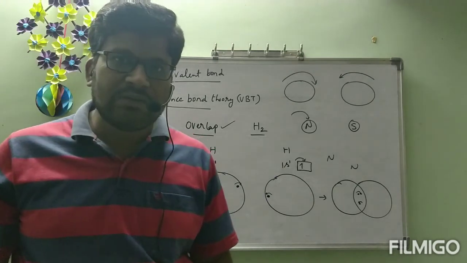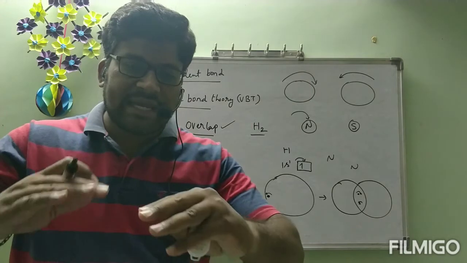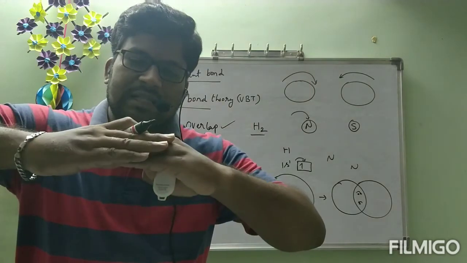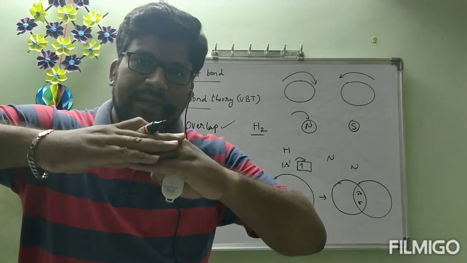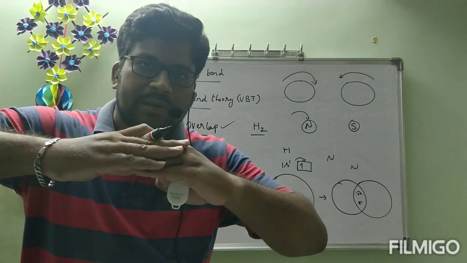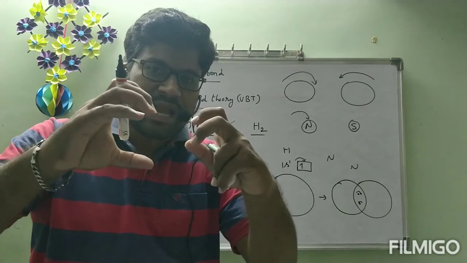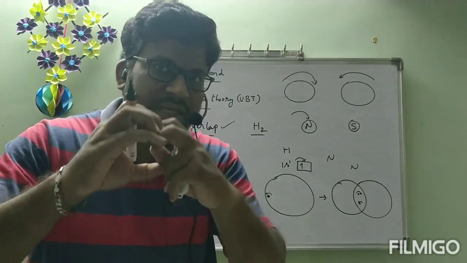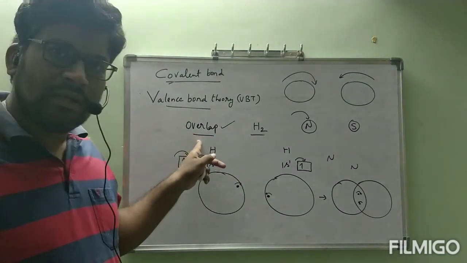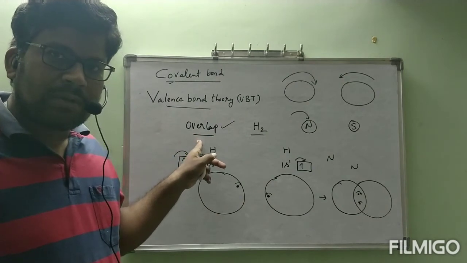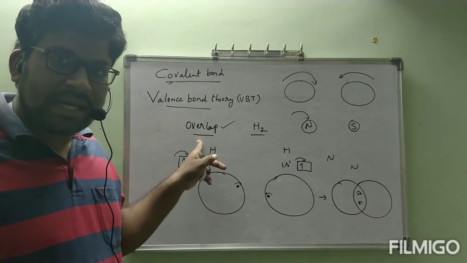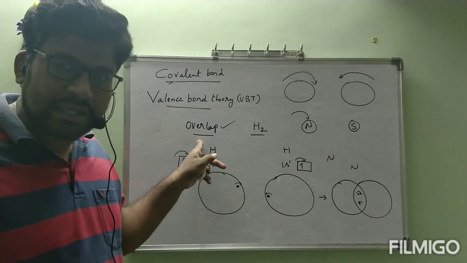We can use overlap in our general terms also. If I keep my arm over another one like this, that is overlapping. Like this here also, two orbitals approach each other and combine with each other. That process is called overlap. In what way are they overlapping? I hope you are clear.